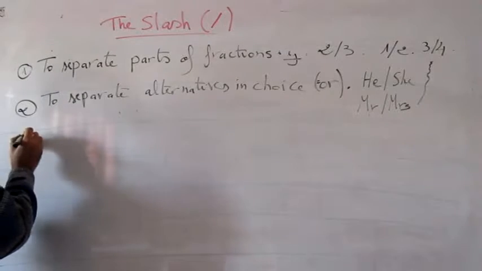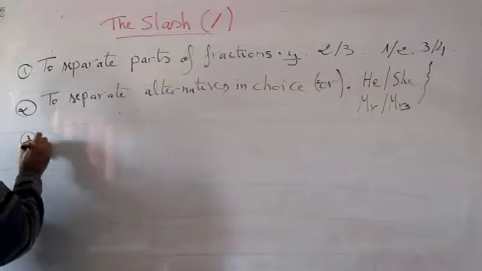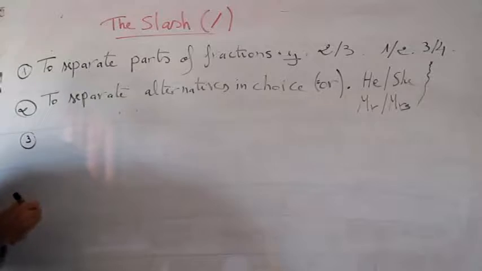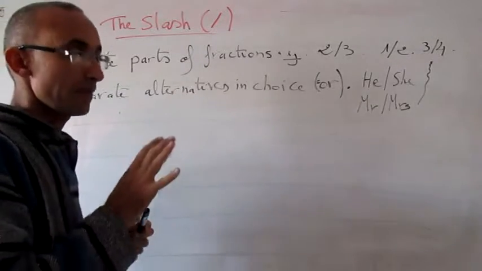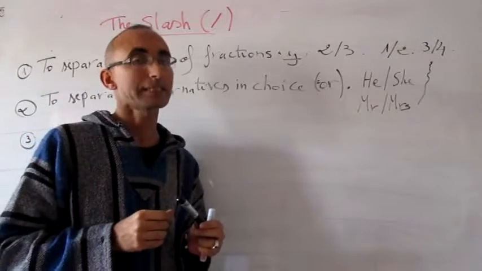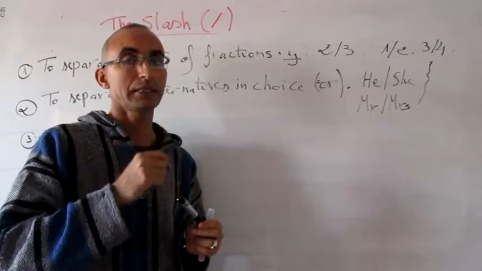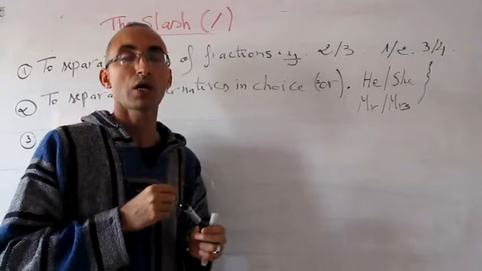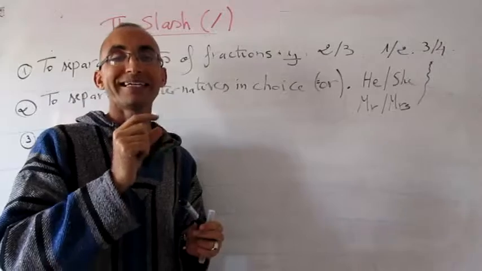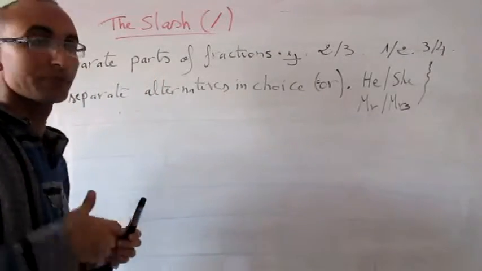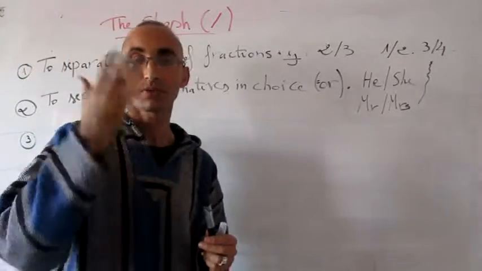Also another use, which is related mainly to scientific writing, when we use a slash to replace the word per in units, per minute, per hour, per kilometer, it depends.